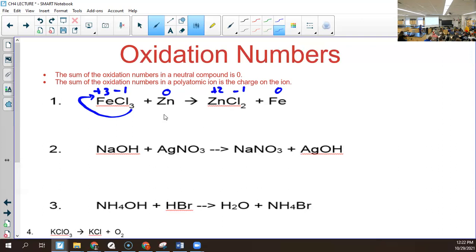So what you do is you draw a bracket between zinc and zinc +2, and then you draw a bracket between iron and iron +3. Zinc's close to itself right here, so I'll start with that. Zinc went from a 0 to a +2.